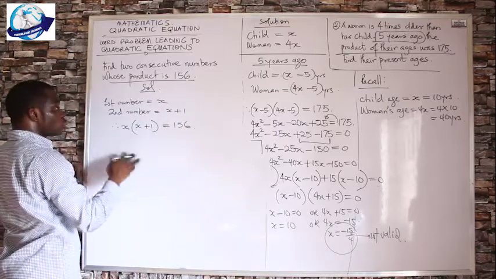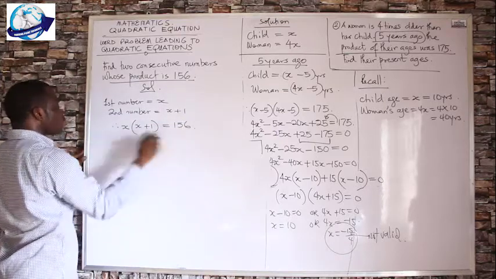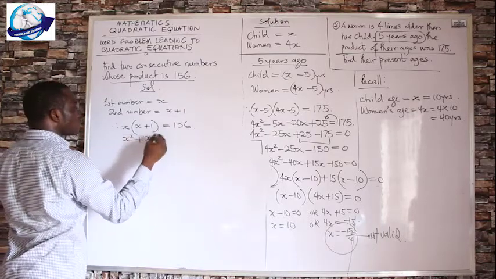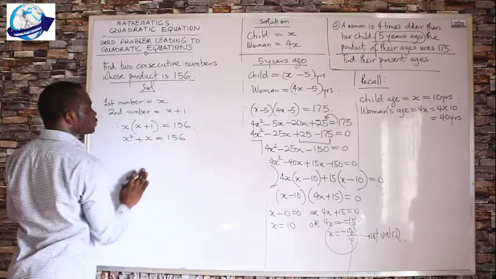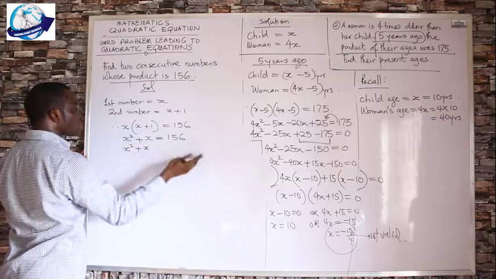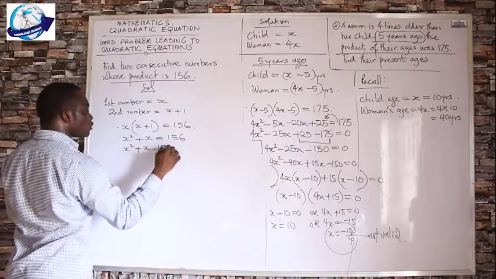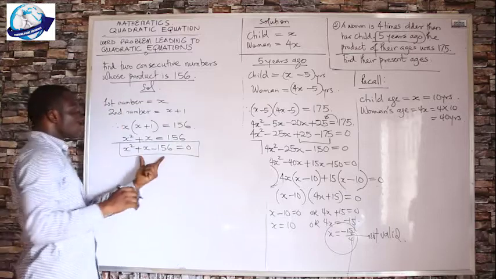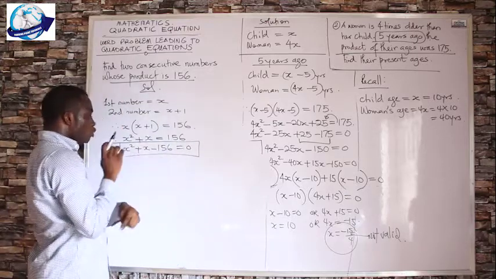I've already solved this for you. It's very obvious. You can do this from here. So when you expand, you have x squared plus x is equal to 156. And you collect like terms, you have x squared plus x minus 156 equals 0. So a good student can solve from here. This is basic truth now. What's the coefficient of x here?